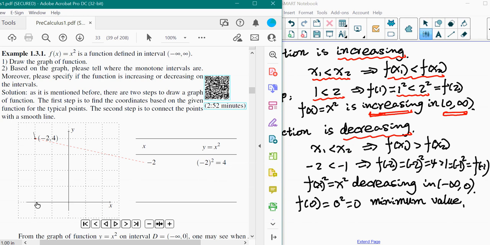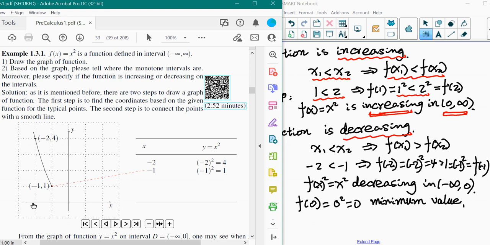Here is -2, here is -1. And f of -2 is -2 squared, which is 4. So you see here the height is 4. And when x is -1, -1 squared is 1. So the height is 1.